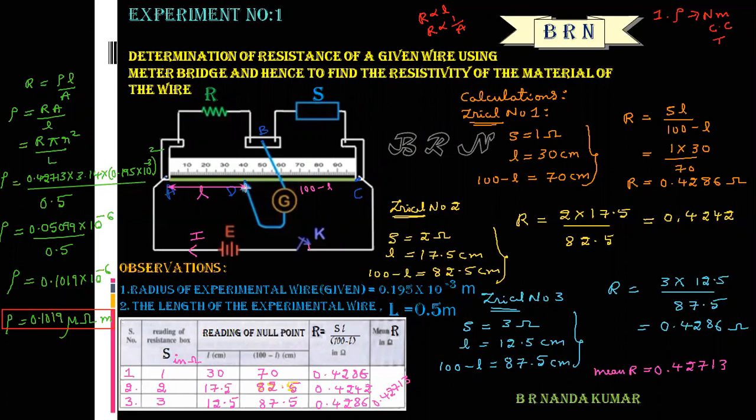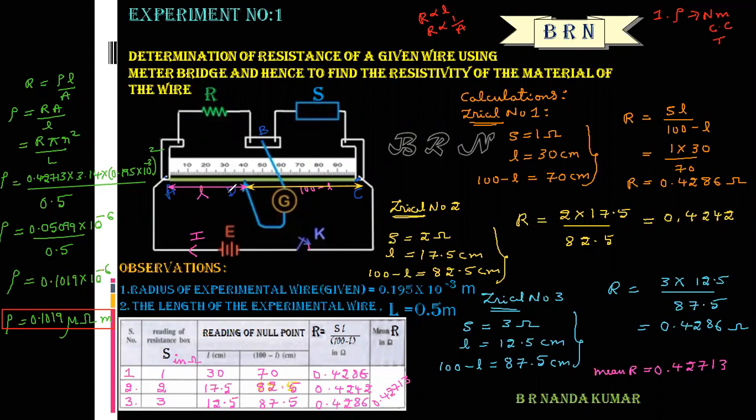It is the length of the meter bridge wire from point A to the balancing point D. Actually, AD is L and DC is 100 minus L. So the balancing length is the length of the meter bridge wire from point A to the balancing point.